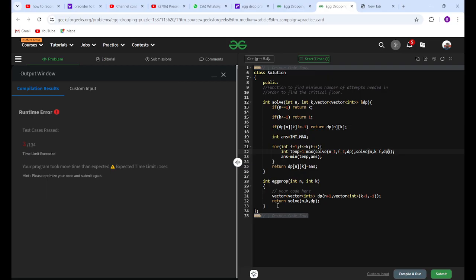In the memoization approach, we first initialize the vector with n plus 1 and k plus 1 with minus 1 values, and then pass these arguments in all the functions, and then we check the condition. If dp is not minus 1, then you can see the answer is already present, so you return the answer from here. And if it is not present, then you make the recursive calls and solve this.